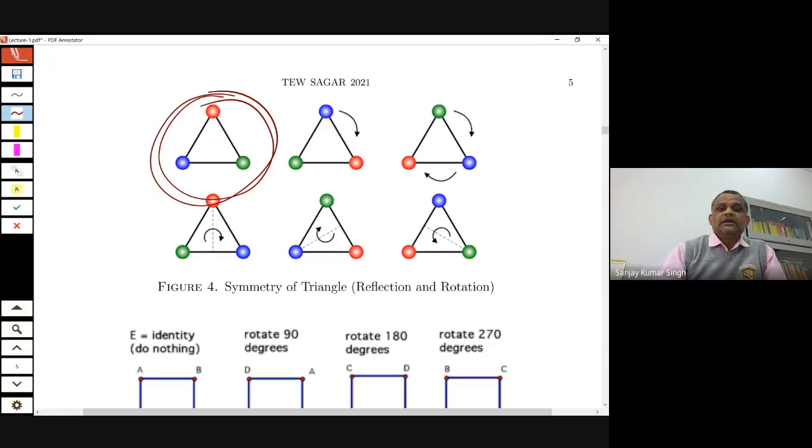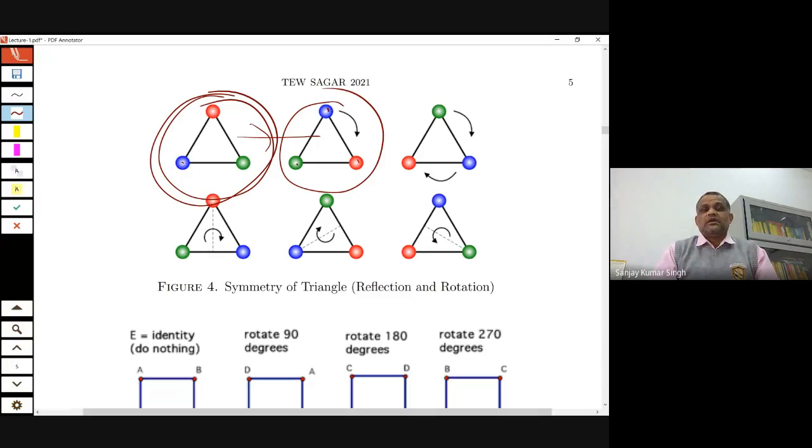After rotating, this red point will go here, the blue vertex will come here, and the green vertex will come here. So the positions of all three vertices will change, but still whatever object you get, there is no change in the object, both are the same.